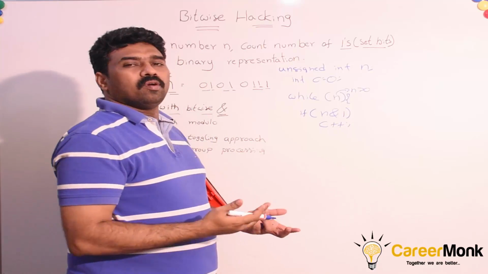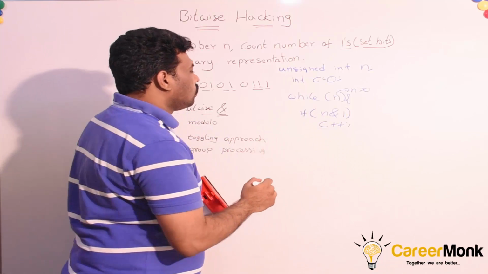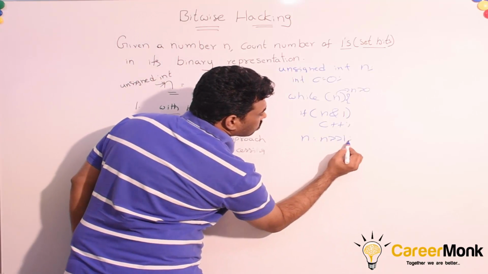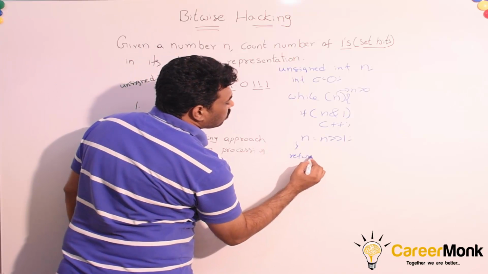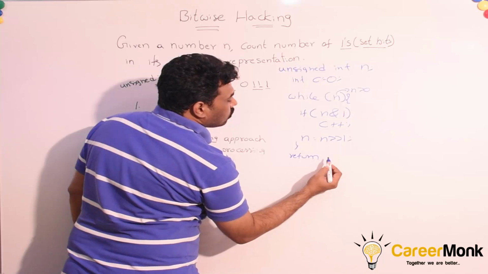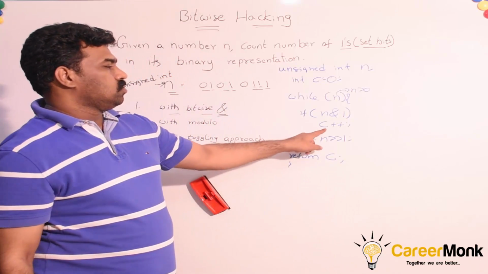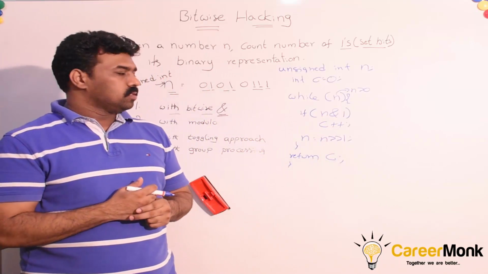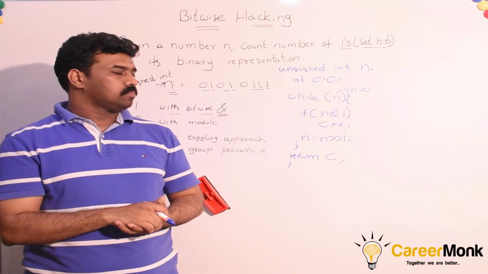If it is 0, we don't have to do anything. In each iteration, we perform the right shift on n. At the end, we return C. Since we increment C whenever we see the output as 1, we keep track of how many ones are there in the given binary number.